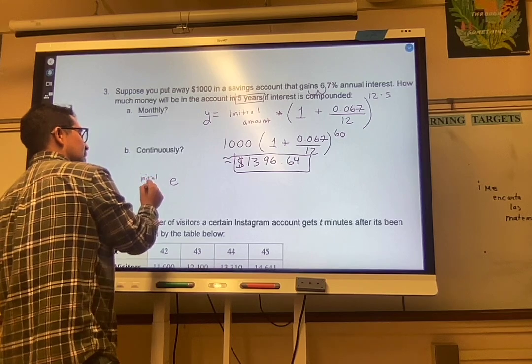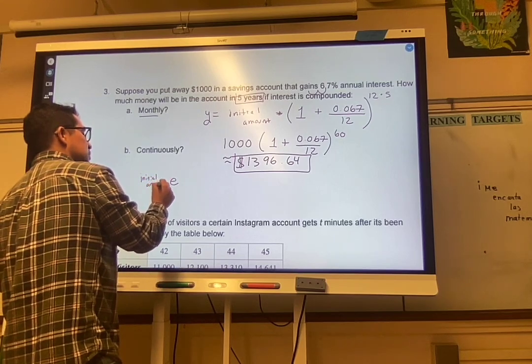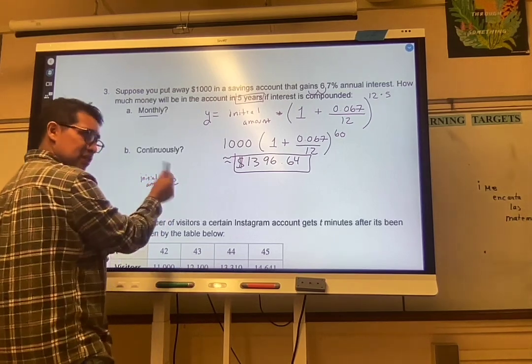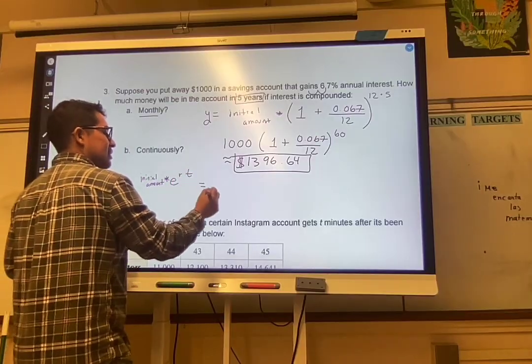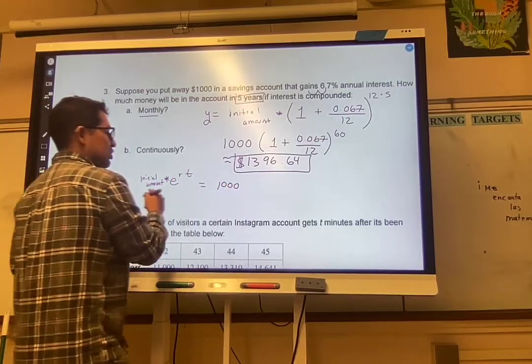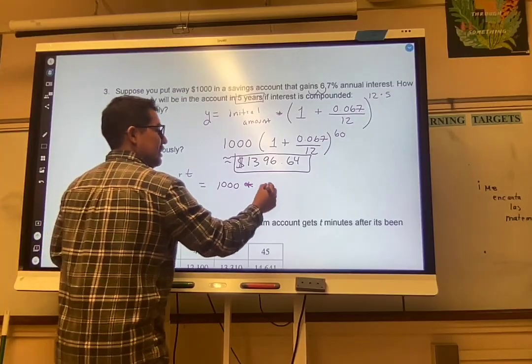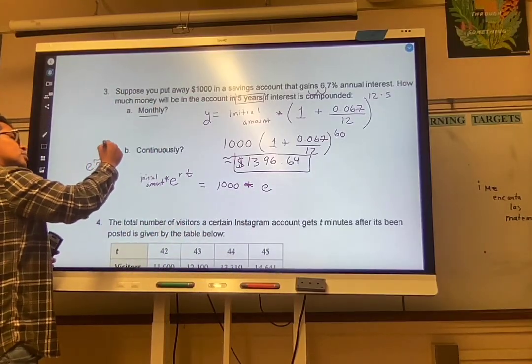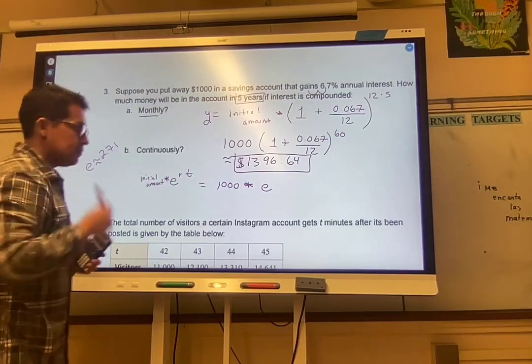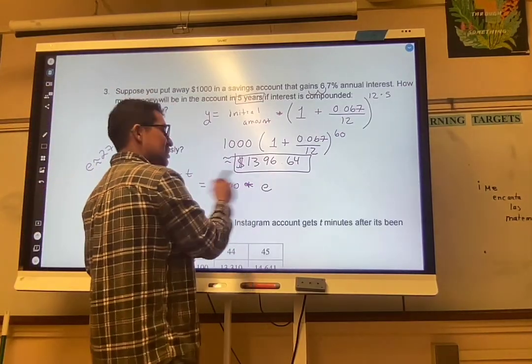So that formula would be like this. We have our initial amount. It gets multiplied by E, the constant of constant growth, raised to the RT. So in this instance, it would be 1,000, because that's my initial amount, times E. A reminder, E is about 2.71 with change, raised to the interest rate.